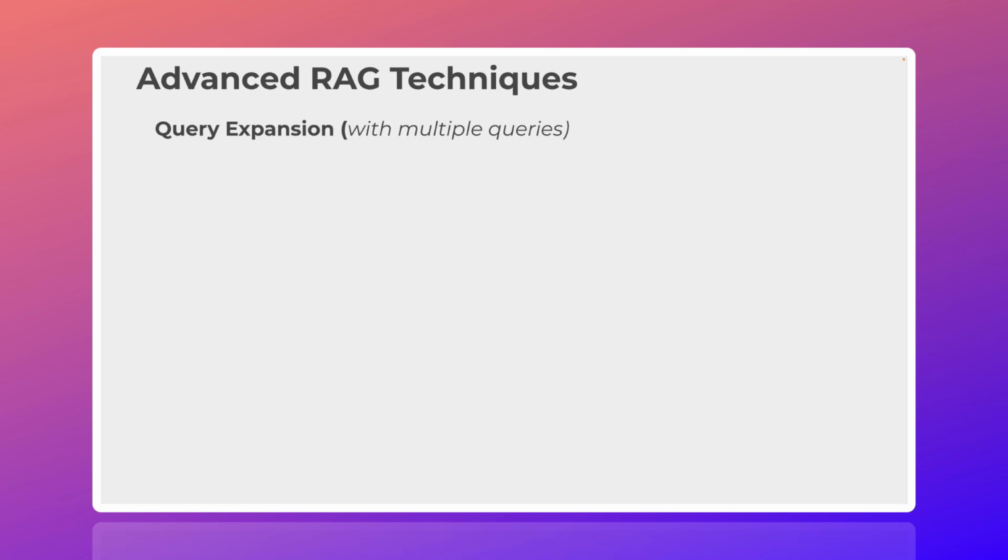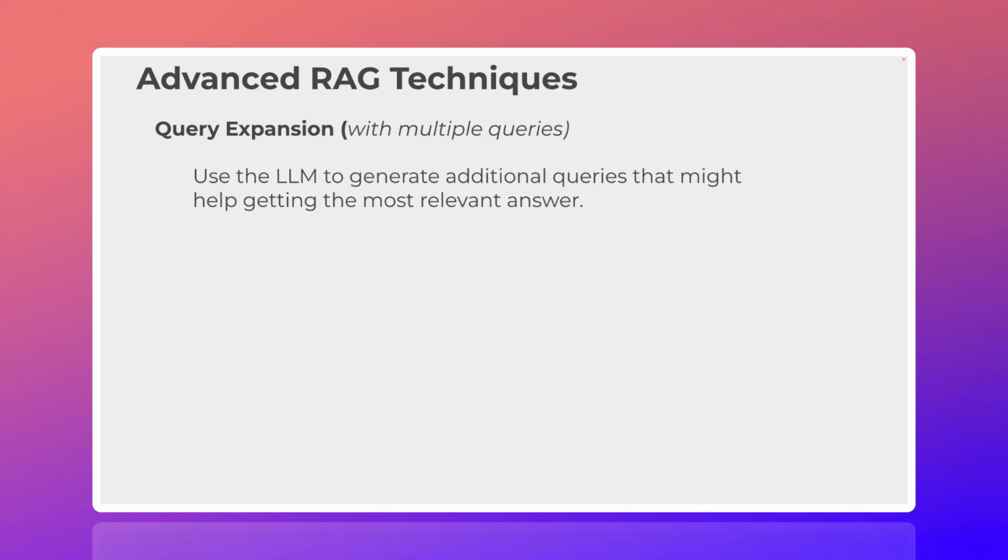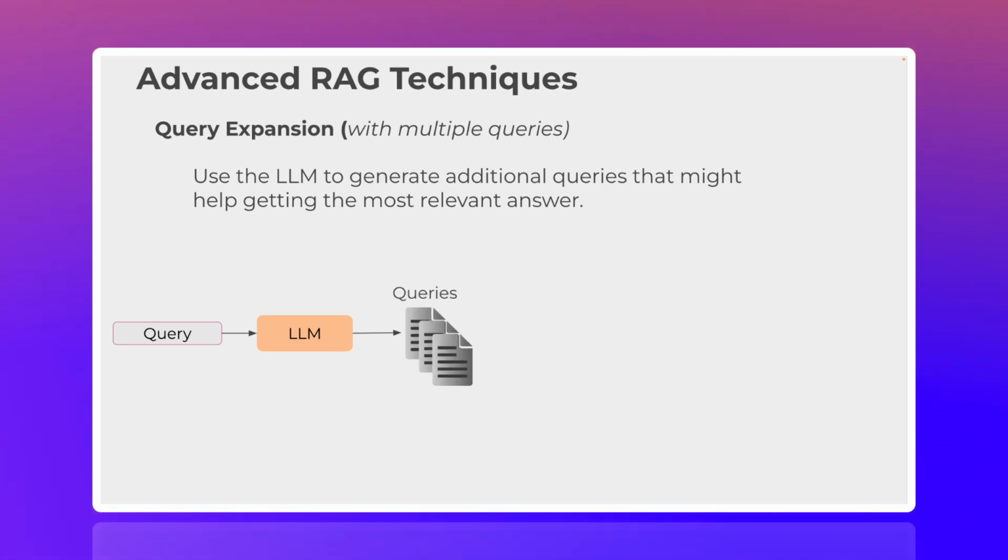Okay, so now let's look at query expansion again, but now with multiple queries. The idea is that we use the large language model to hallucinate or generate additional queries that might help get the most relevant answer. Just like before, we have a query and we pass that through the large language model, and then we get more queries.